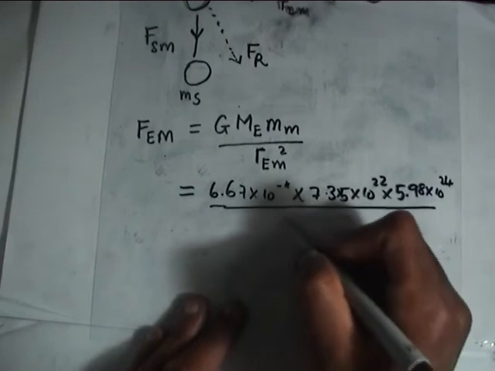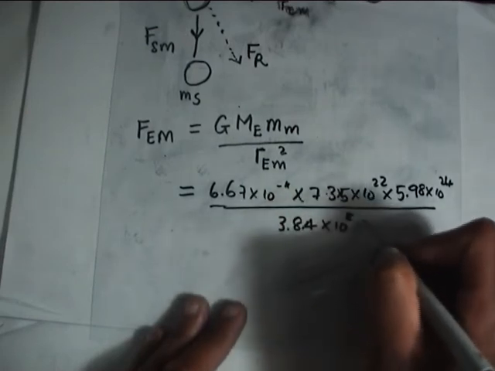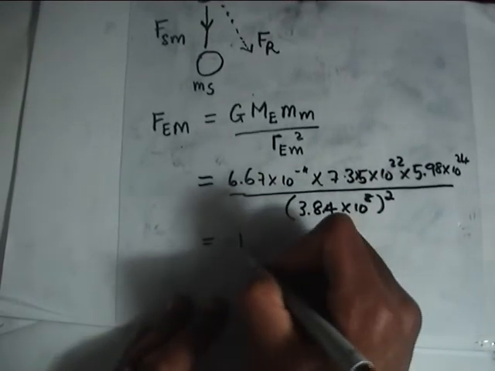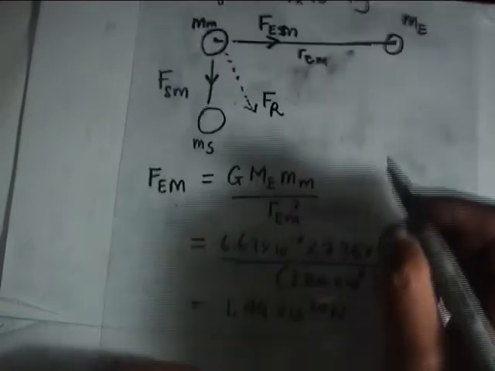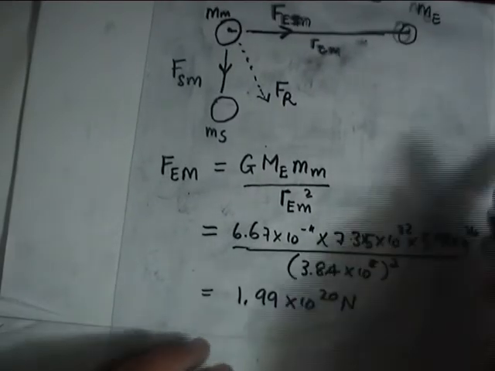We're given the distance as 3.84 times 10 to the power of 8 meters. Putting that in the calculator, you get 1.99 times 10 to the power of 20 newtons. So this FEM here is 1.99 times 10 to the power of 20 newtons.